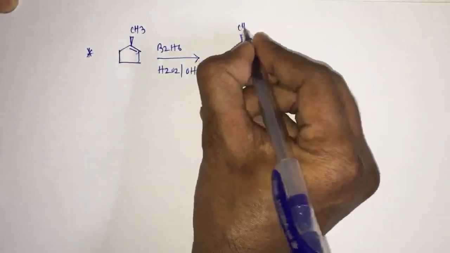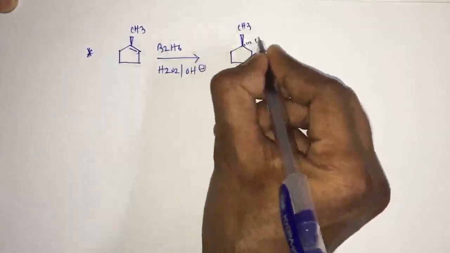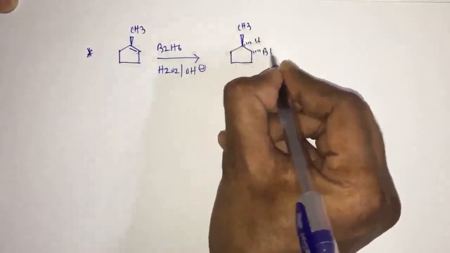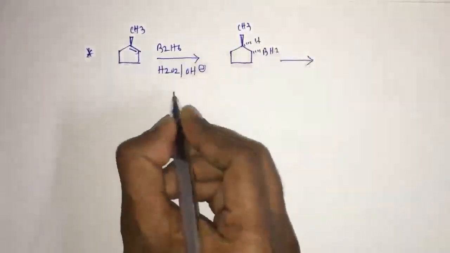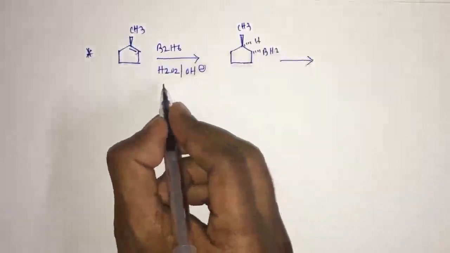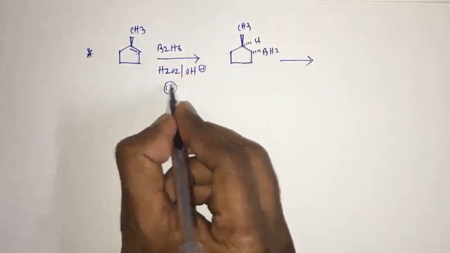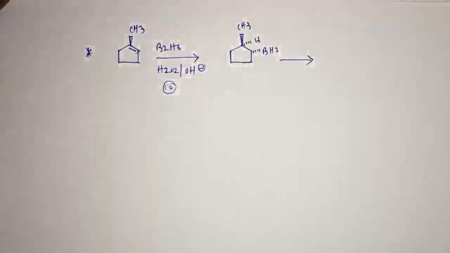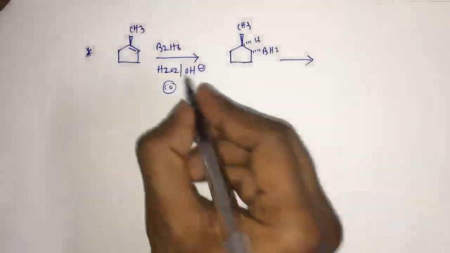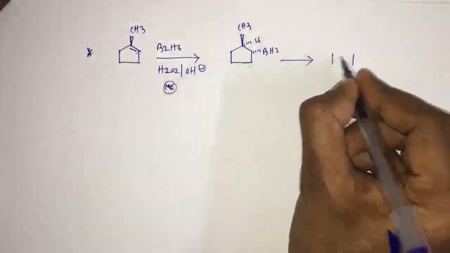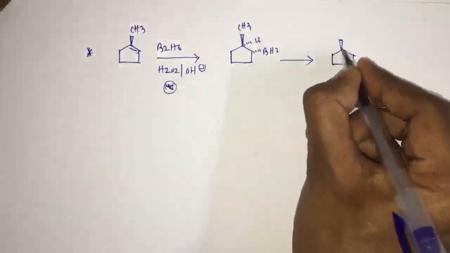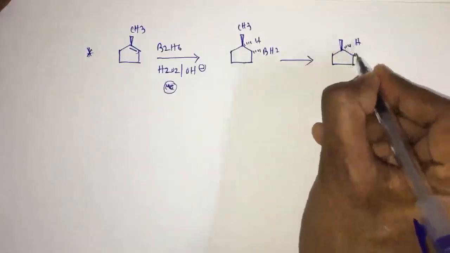So the methyl group is above the plane, that means the attack takes place below the plane. And here he did not give any CO. Okay, when CO is not given, that time the product is alcohols. So here the product is alcohols.